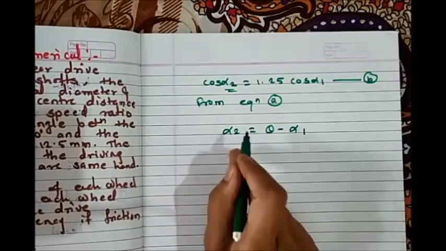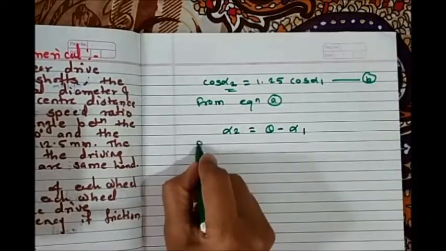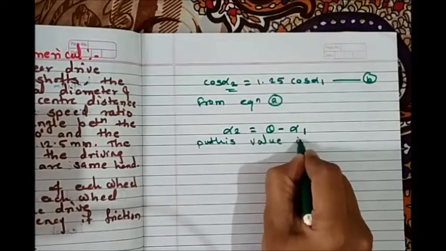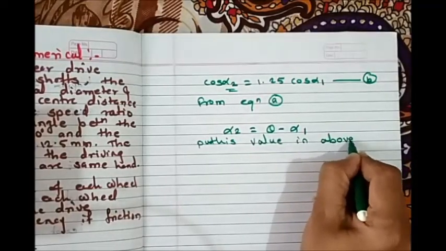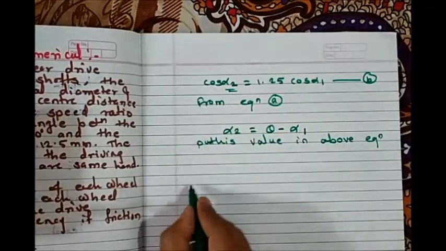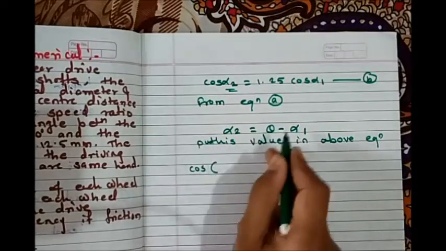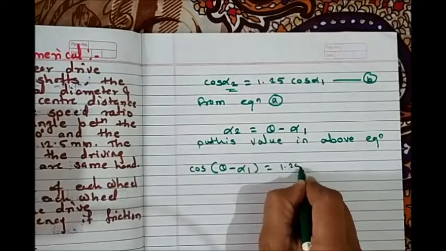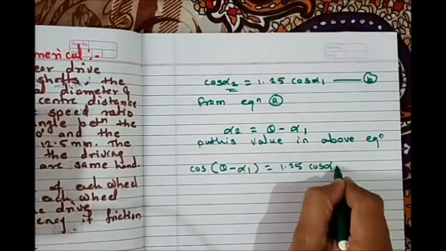Now put this value in the above equation. We get cos of theta minus alpha 1 is equal to 1.25 cos of alpha 1.